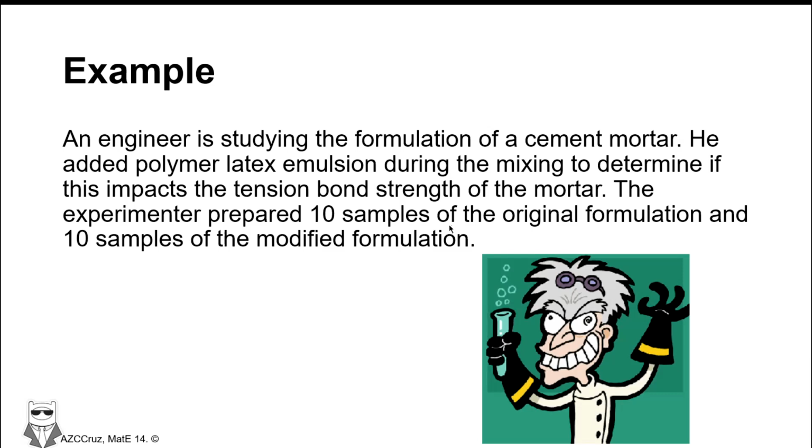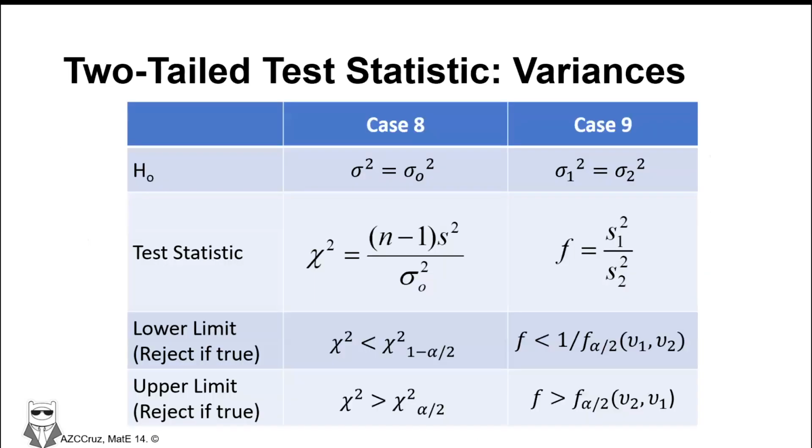Hindi siya binigay, no? So, in this scenario, kailangan actually natin mag two-part na analysis. So, first is i-analyze muna natin kung variances are equal ba, tas tsaka natin i-analyze yung means nila based on the results ng test sa variance. So, yung test sa variance natin is actually falls under case 9.